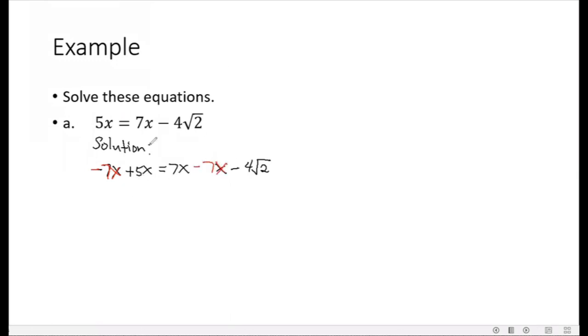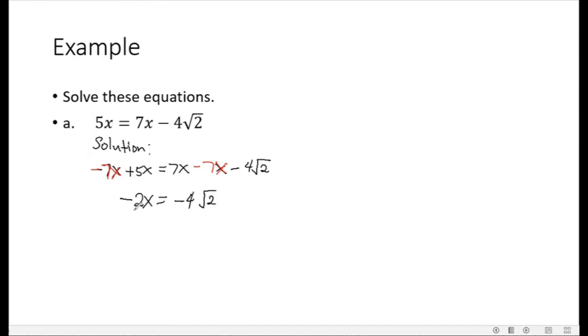So, ang mangyayari ngayon ay negative 7x plus 5x. Ang sagot ay negative 2x at yung 7x minus 7x, 0 na yon. So, matitira ang negative 4 square root of 2.